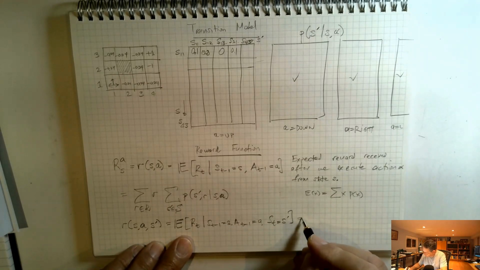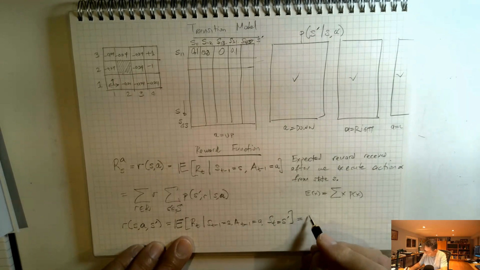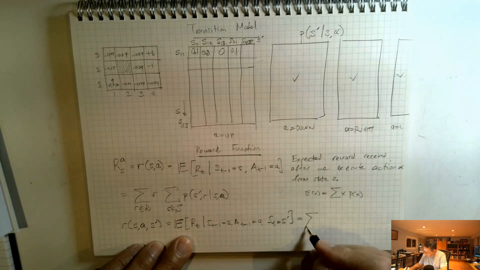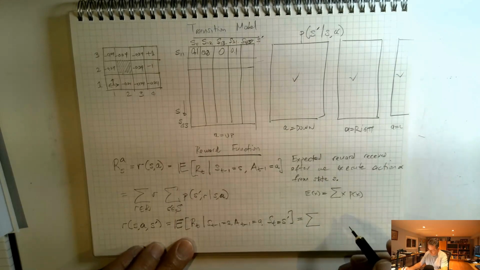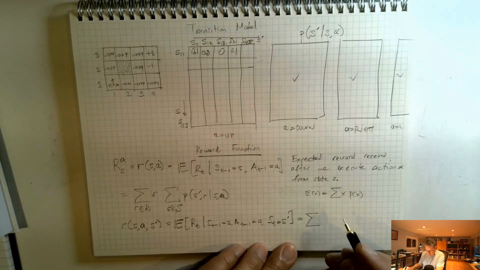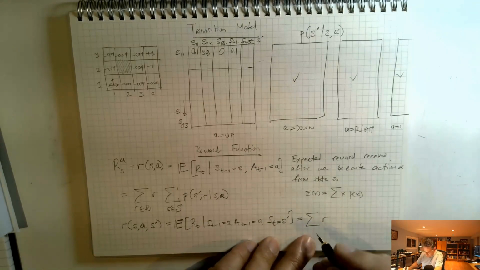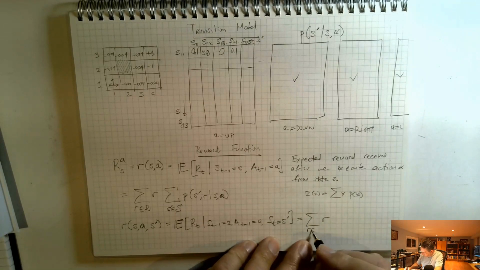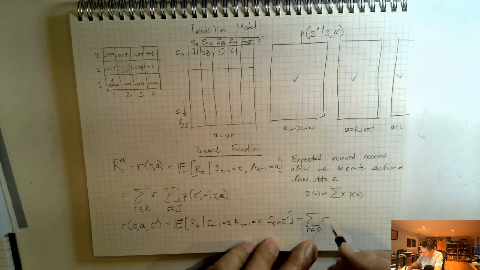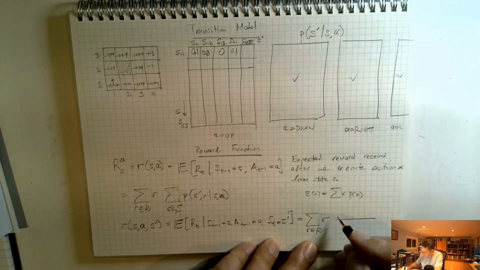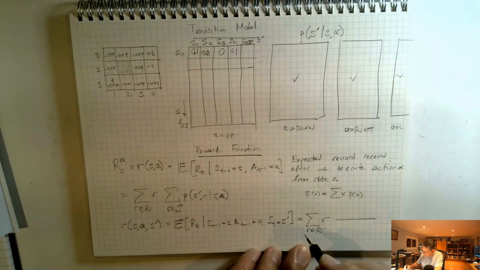This expectation can be written as a summation of r times the joint, for r belonging to the set of rewards. And then over here we have a ratio of the associated conditional.